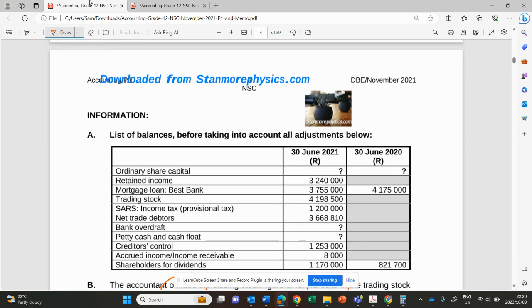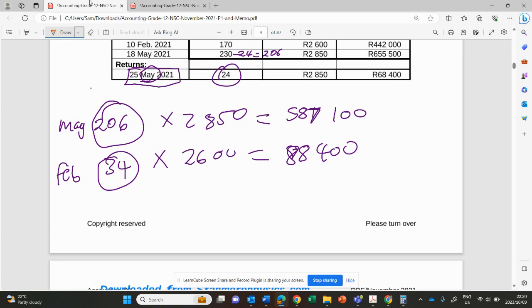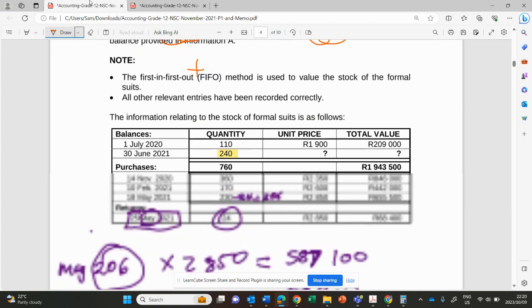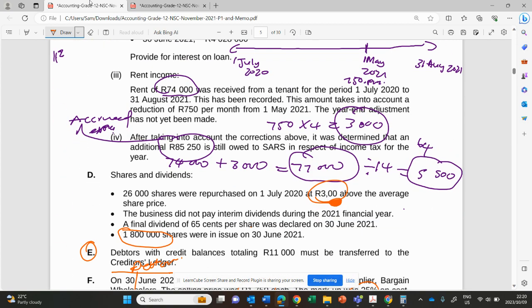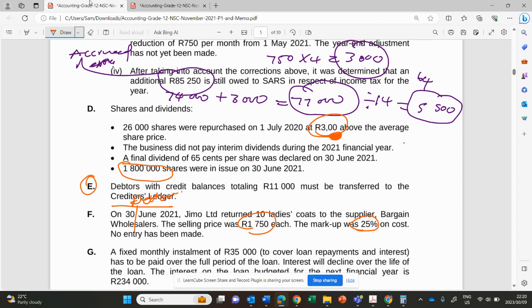Let's see how we're going to get this. Let's go and get information about the shares. There were no additional shares as stipulated.